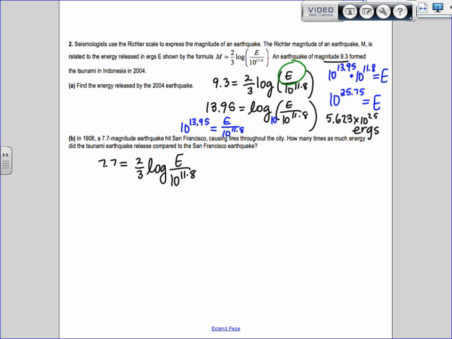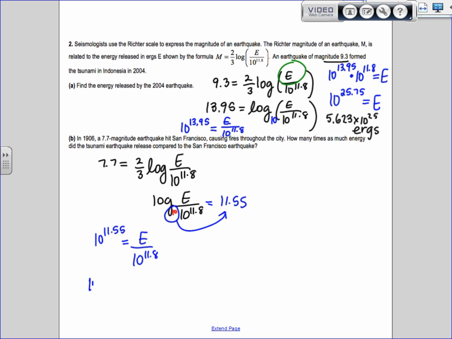So again, I'm going to multiply by my 3 over 2. I have 7.7 times 3 divided by 2, so I get 11.55 equals log of E over 10 to the 11.8. My base is 10, and I switch forms. Yaya said he likes to see the 11.55 on the right, not on the left. So when you switch forms, you have 10 raised to the 11.55 equals E over 10 to the 11.8.